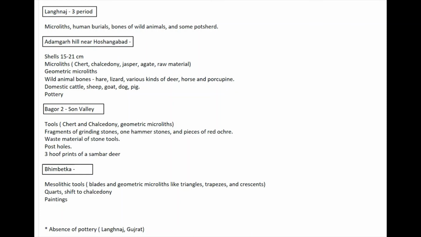Further south, microliths were mostly made out of milky quartz. They have been found at Jalahali, sorry if I mispronounce, and Kibbenhali near Bangalore in Karnataka, in Goa, and Nagarjunkonda in southern Andhra Pradesh, and Renugunta in Chittor district, Andhra Pradesh.